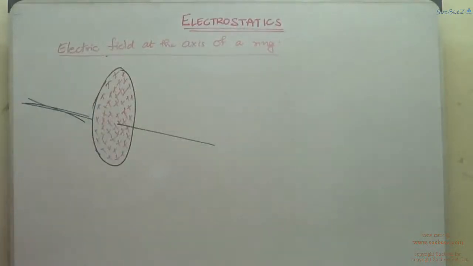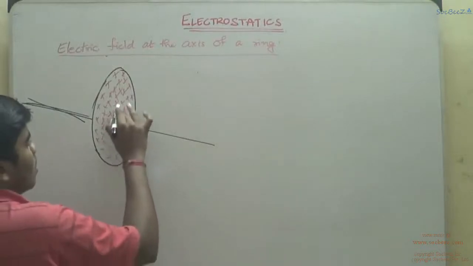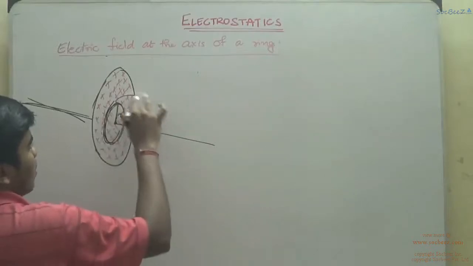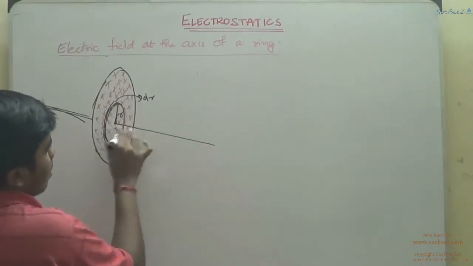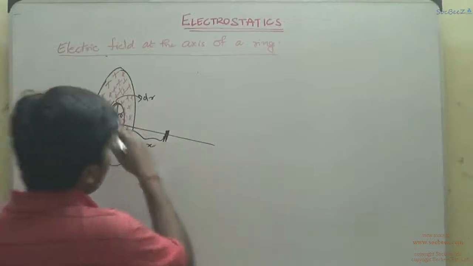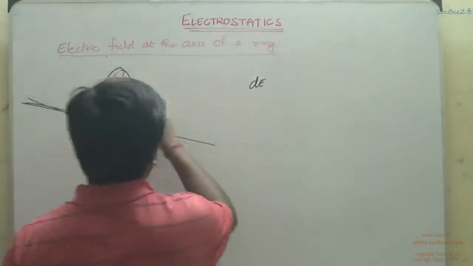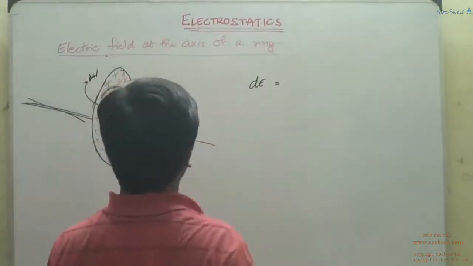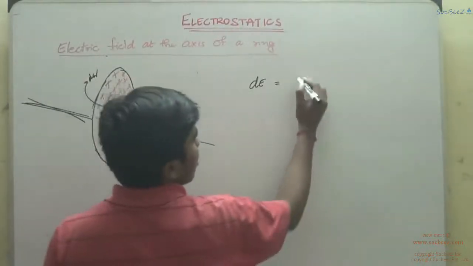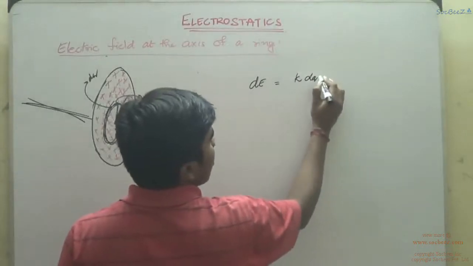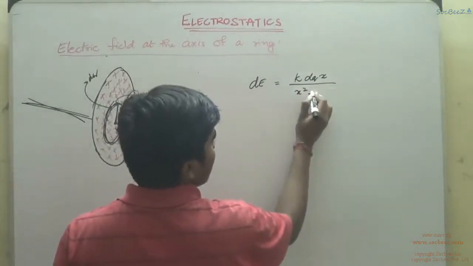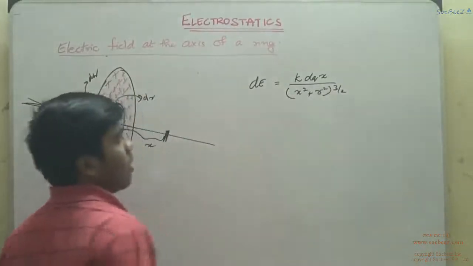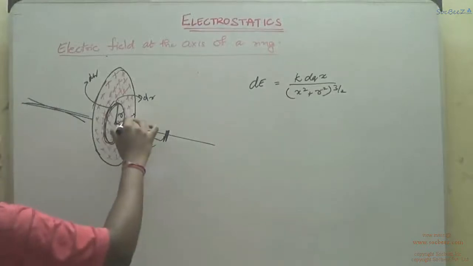So for this what do we do? See, we go to a distance small r, consider a ring of thickness dr, and let the charge be dq at this ring. The electric field due to this ring is equal to k dq x by x square plus small r square whole power 3 by 2, right? And given that the radius of the disk is capital R.